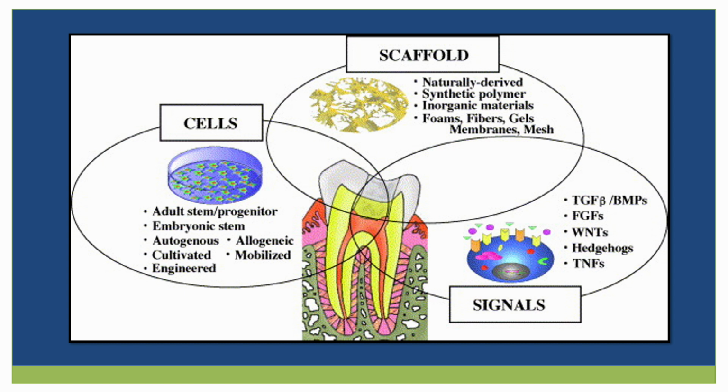The scaffolds are naturally derived or synthetic polymers, inorganic materials or foams, fibers, gels, membranes or mesh. The signals could be transforming growth factor beta, bone morphogenetic proteins, fibroblast growth factors, WNTs and tumor necrosis factors.